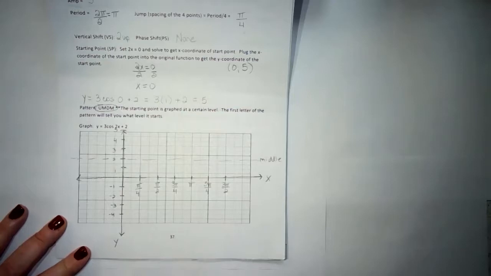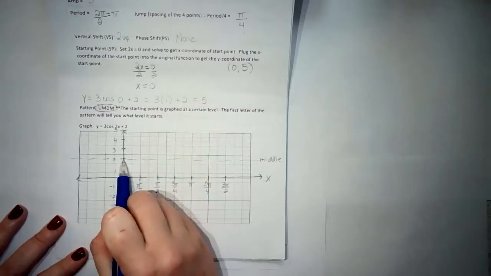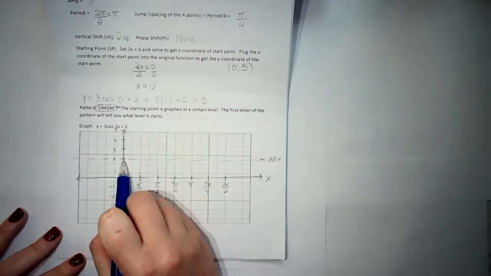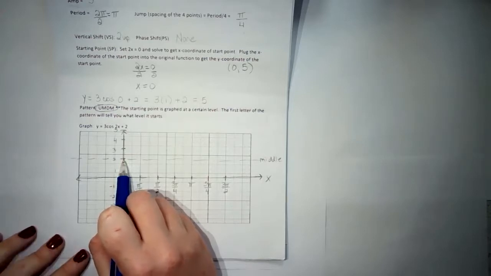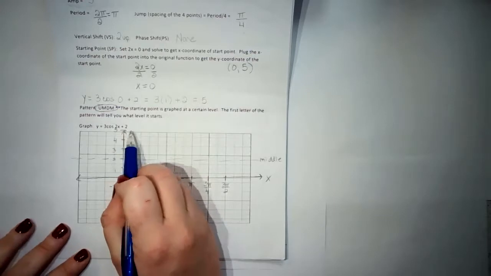All right. So if this is now my middle, I have to go up even further to find the up. I have to go up the amplitude to find the up, and my amplitude is 3. 1, 2, 3.